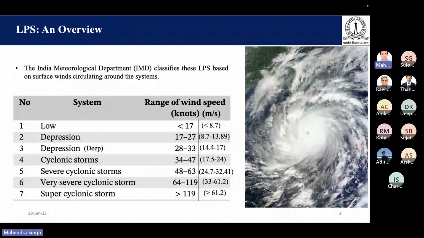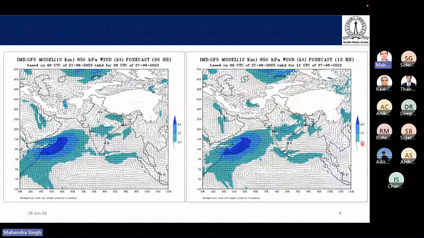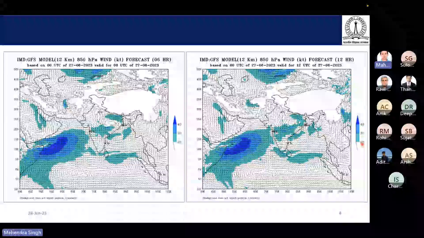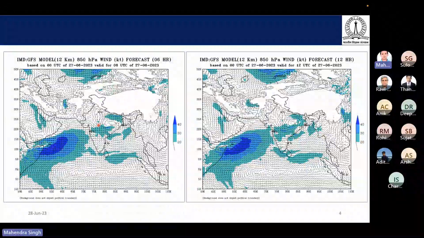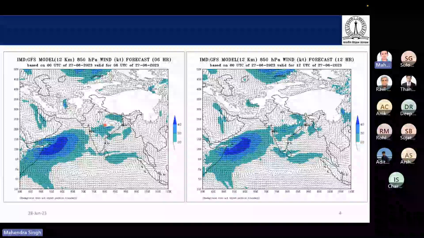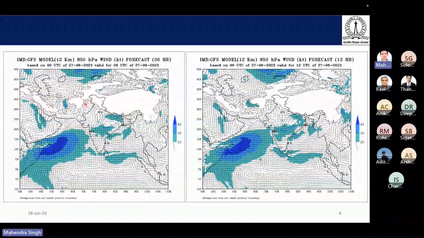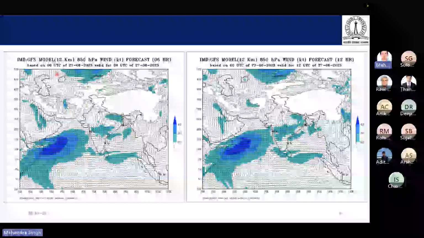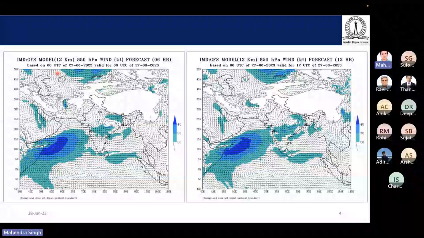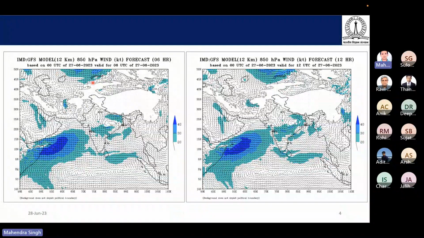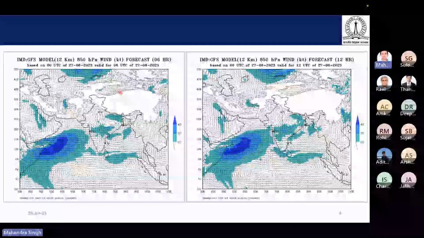Currently, IMD shows that there is a low pressure system over the Indian subcontinent. Here we can see a cyclonic motion of wind, and they have forecasted it 6 hourly. The first figure shows the forecast for 00 UTC 27th of June, and this forecast is for 6 UTC 27th of June.